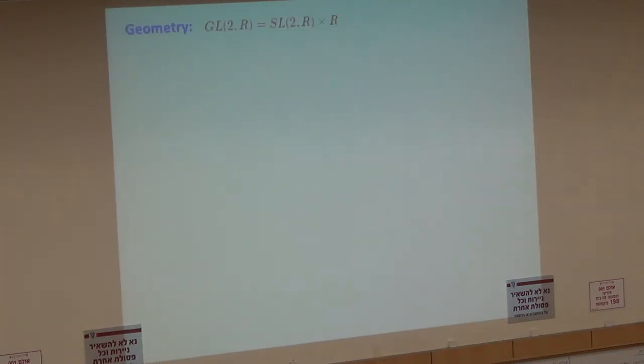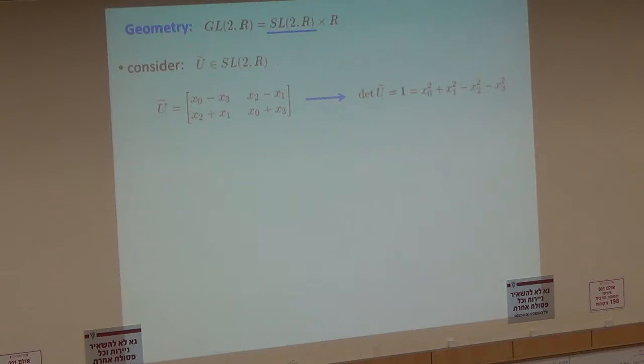So the first thing is, what is the geometry that we're really talking about? Well, it's this group. We have to get to grips with GL2, which you can think of as SL2 and an extra scale transformation. But let's focus on SL2.